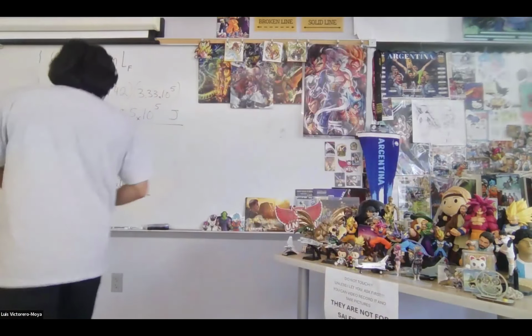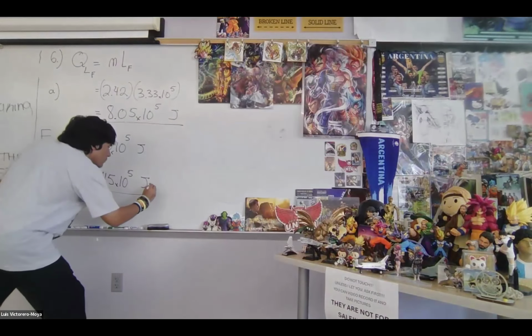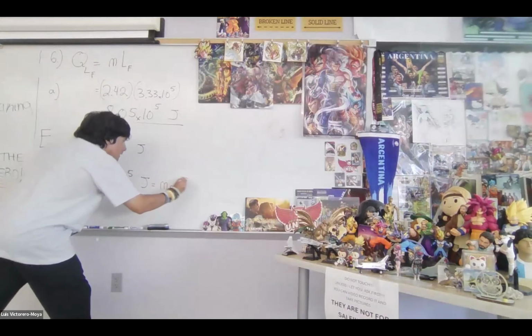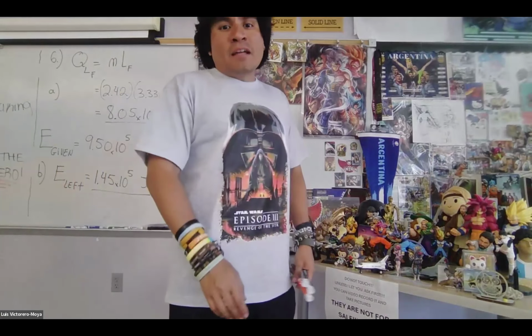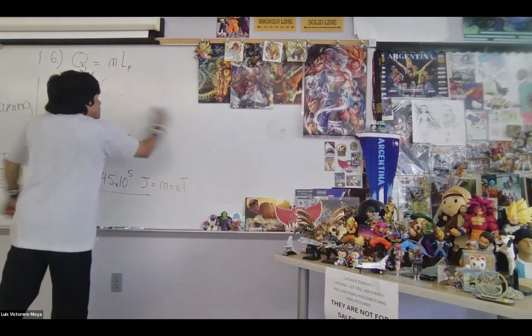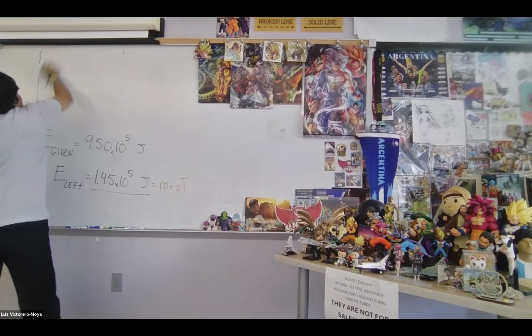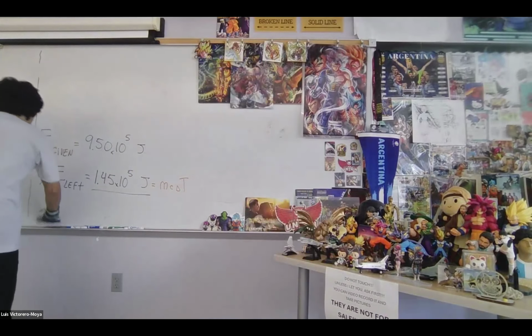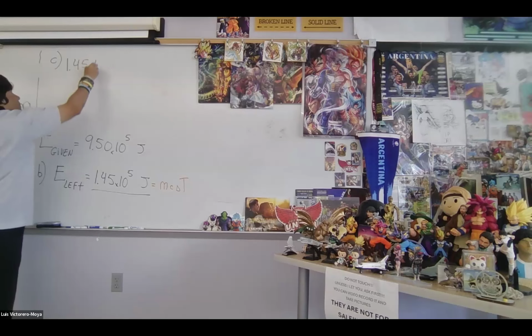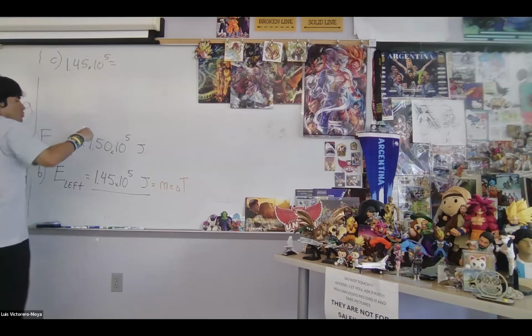So that energy left, you make it equal to mcΔT. So what's the question asking you? Oh, the final temperature of the liquid. All right, so let's write this for part C. This energy is equal to the mass.